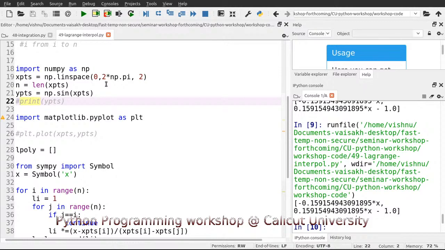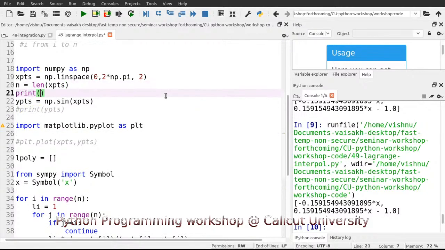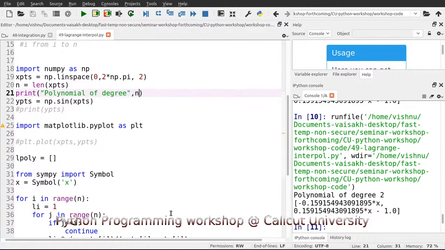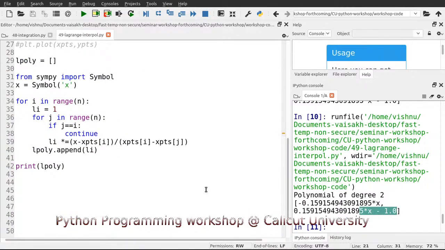So how many points are here? We are going to construct a polynomial of degree n, here degree 2. So this is the first polynomial, this is the second polynomial. Therefore, there are two L polynomials.